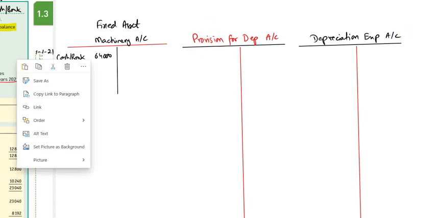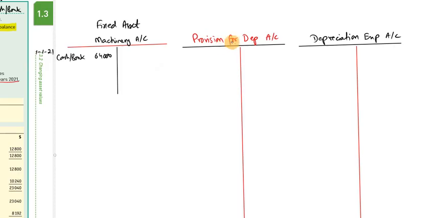So what is the purpose of opening the provision for depreciation account? The provision is nothing but the contra of an asset. It's just a contra asset, the opposite of the asset account. If we are going to decrease our asset, we open a provision for the asset. This provision indicates that the value of the asset is decreasing.